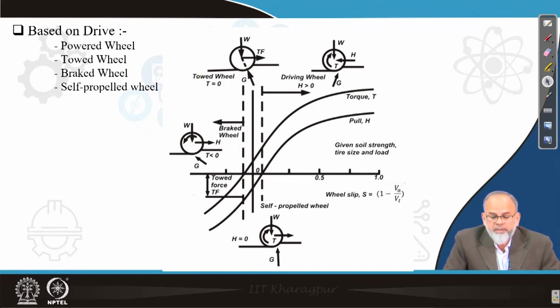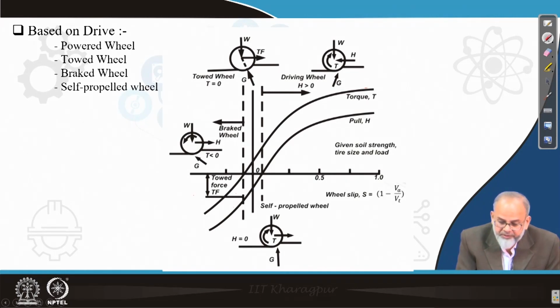When a wheel is provided with a torque, that means initiated with a torque, then it is powered. Now if you look at the torque and pull characteristics of a rubber wheel, I have indicated here this is the torque, this is the pull.